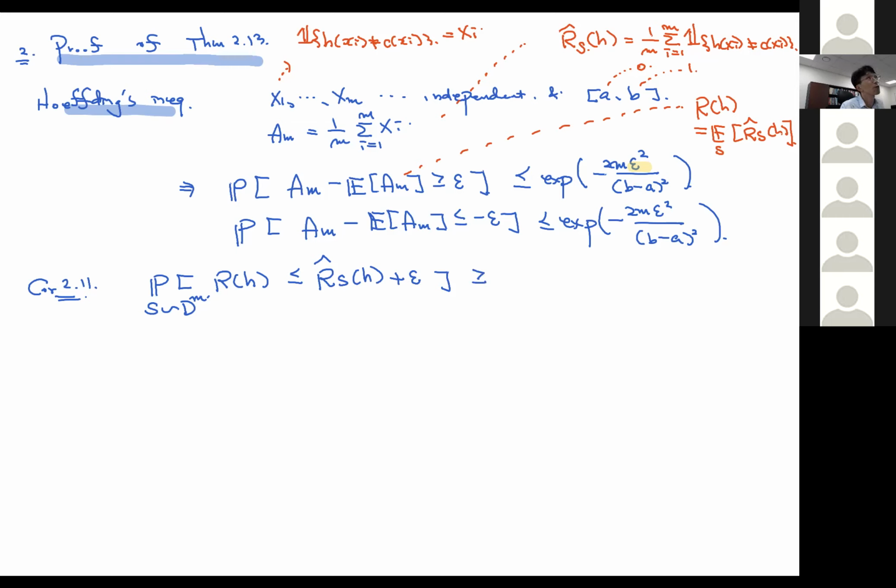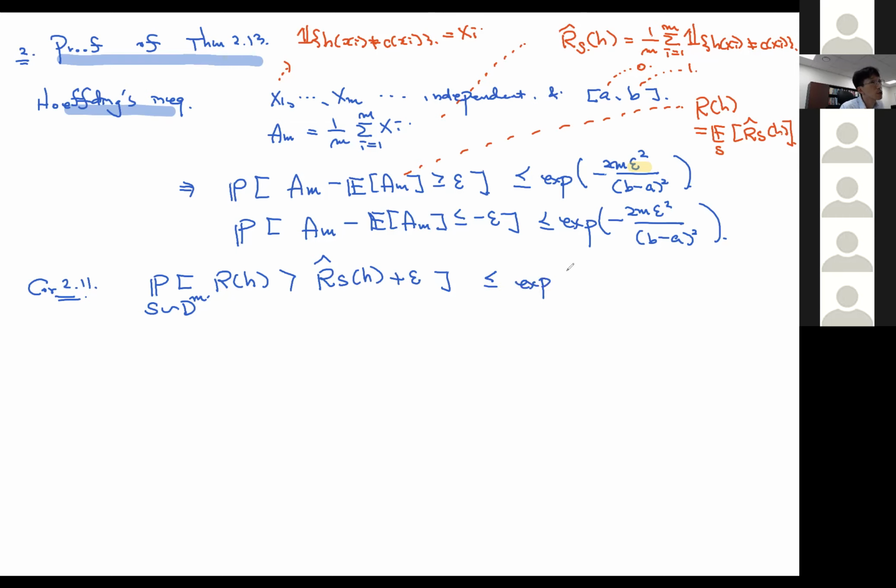Let me write it in a form closer to what's written there. If the risk is not bounded by the empirical risk plus epsilon, that probability is going to be bounded by the exponentiation of minus 2m epsilon squared.